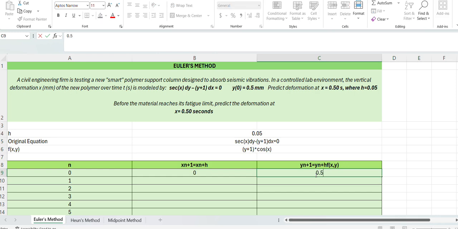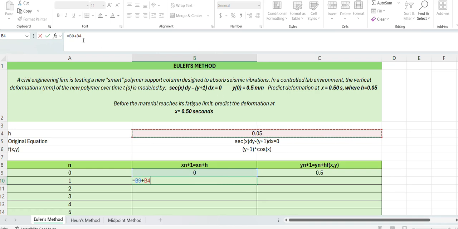And through an Excel formula, we must find the value of x sub n plus 1, which is equal to x sub n plus h. So we use equals. x sub n is the initial, or current, value, and we must add it with the increment.